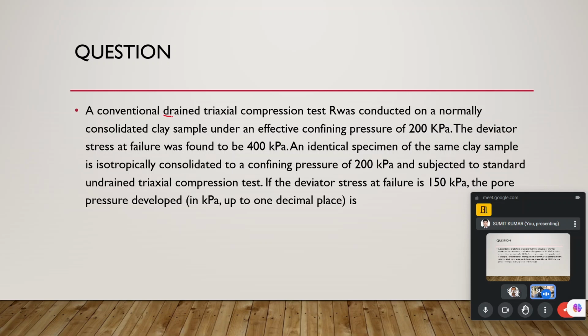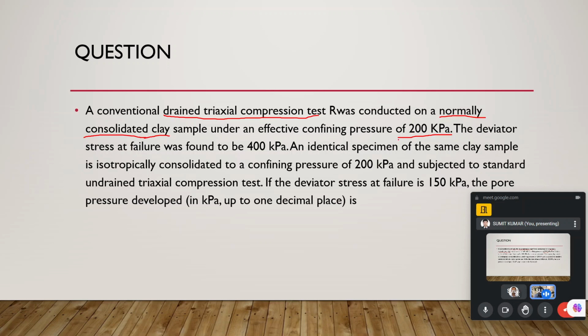It is given that the test is a drained triaxial compression test. Drained test means the valve is open and water is allowed to flow out. It is conducted on normally consolidated soil. We understood what is meant by normally consolidated and what is meant by over consolidated, so these things are also very clear for you. The soil is a normally consolidated clay under an effective confining pressure of 200 kilopascal.